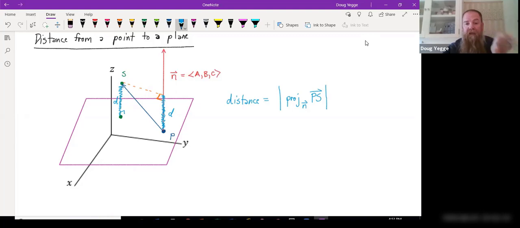So once we find that projection, we could just simply take the magnitude of that, and that's our answer. Now, how do we find that? Well, if you remember what we ended up doing before, this distance formula was nothing more than just PS dotted with N divided by the magnitude of N.